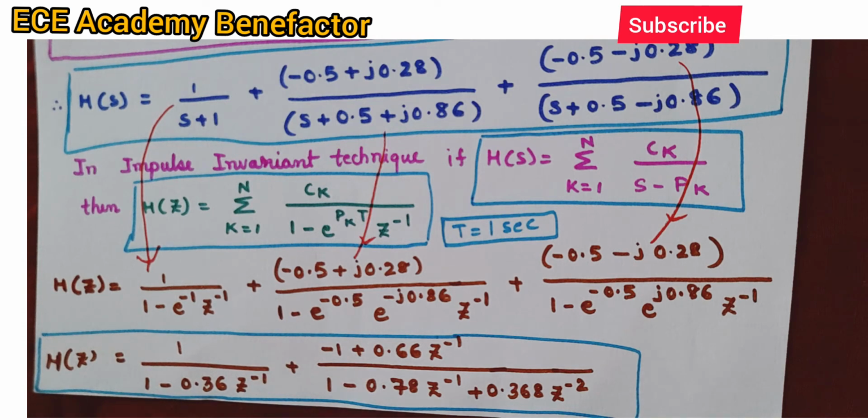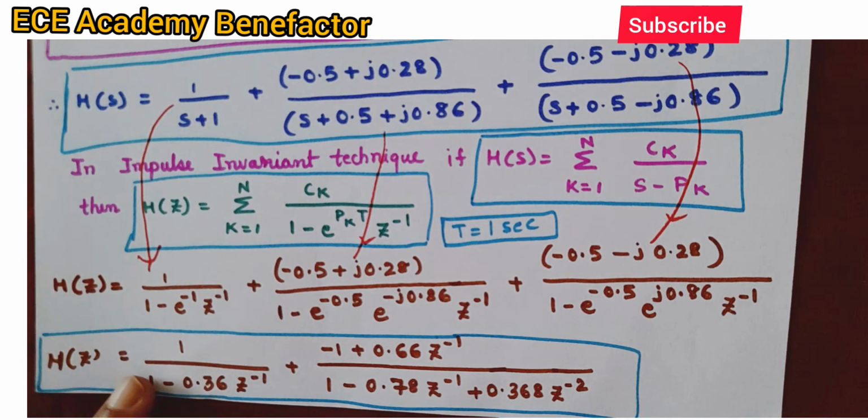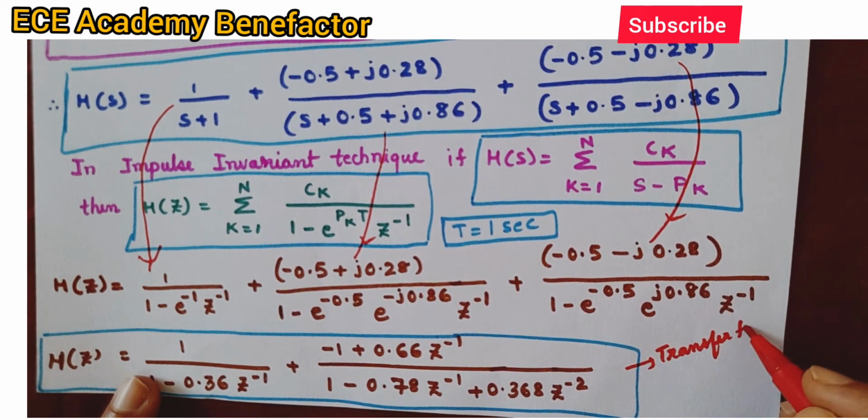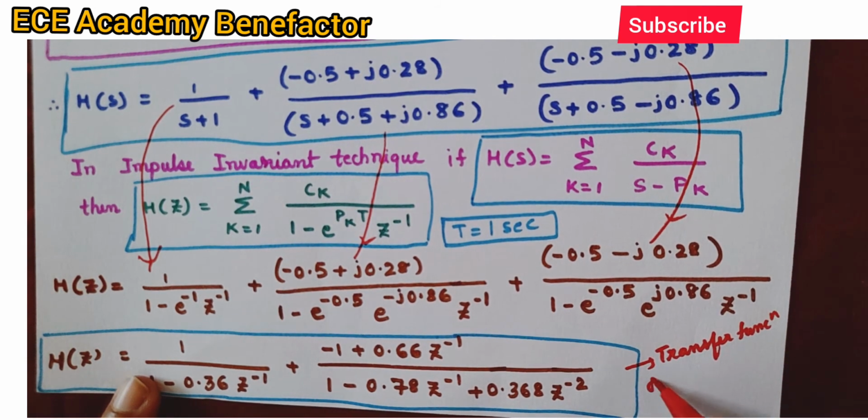Okay. What is h of z now? This is the transfer function of the Butterworth digital filter.